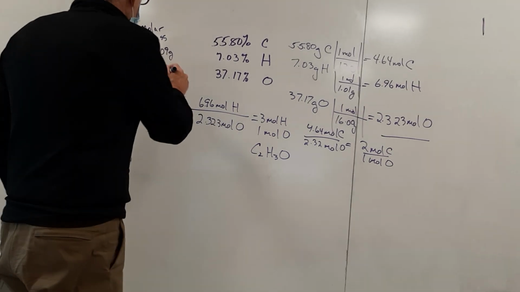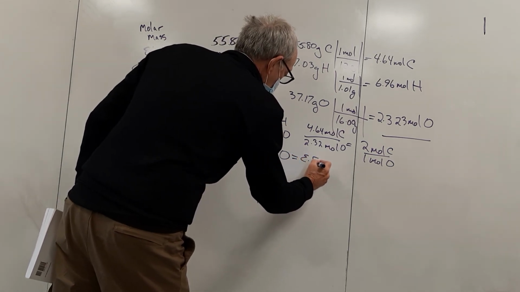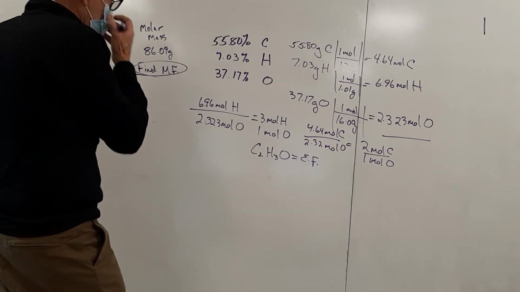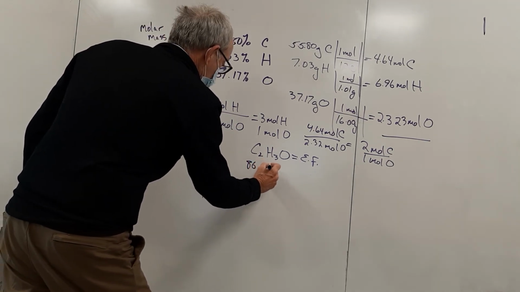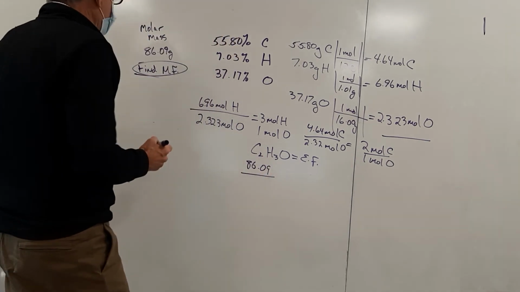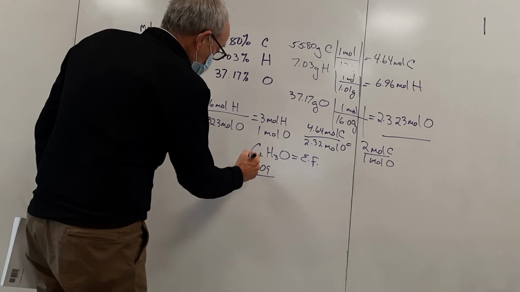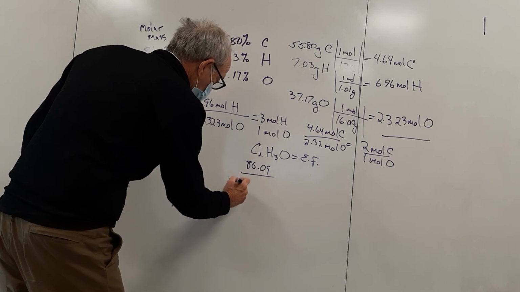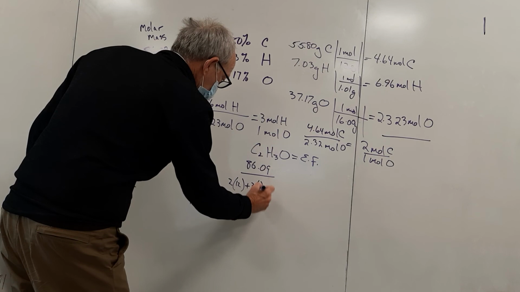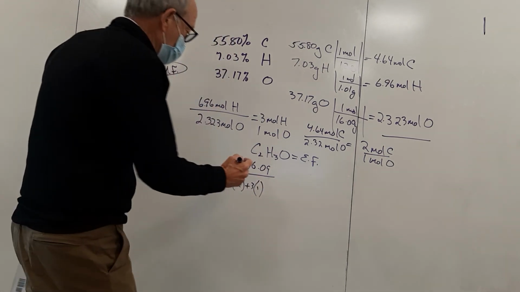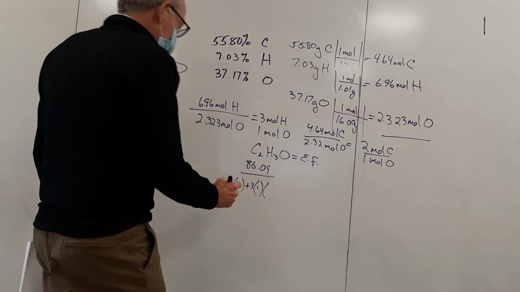Now, to find the molecular formula, I'll take the molar mass, 86.09, and divide that by the empirical formula mass, which is going to be 2 times 12 plus 3 times 1. I'm not going to correct for sig figs, sorry.